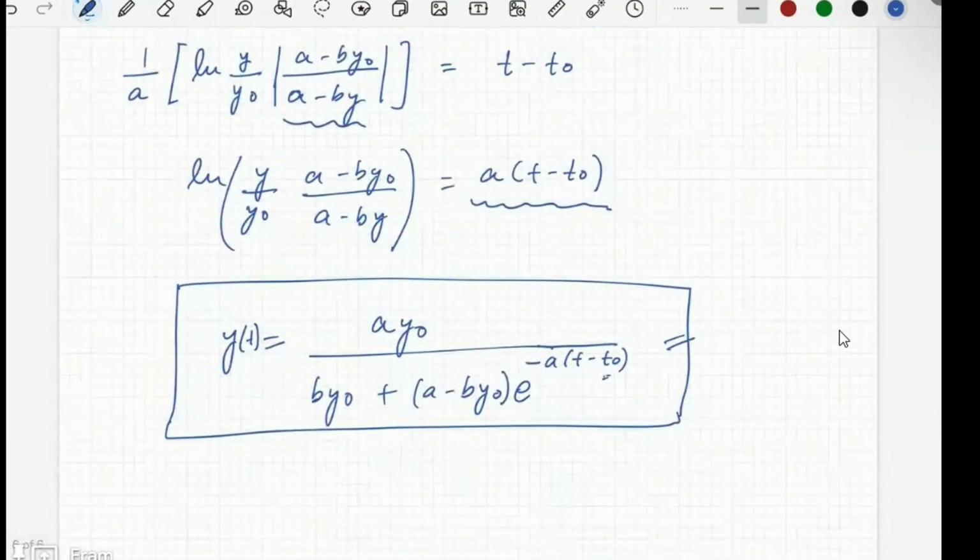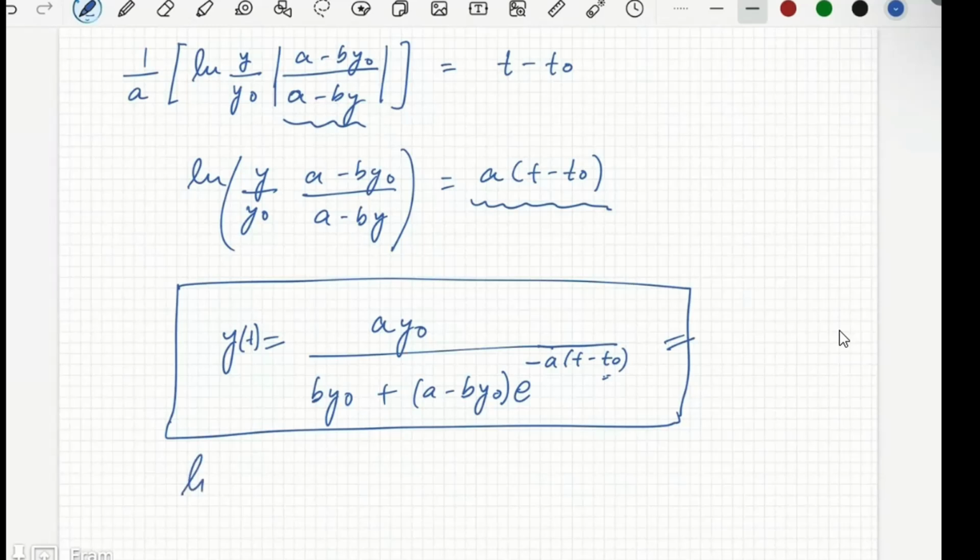now the beauty of this solution is that if you find out the limit t tends to infinity of this solution, what will we get? We just have to put t tends to infinity. Then the numerator will be the same. What will be the denominator?